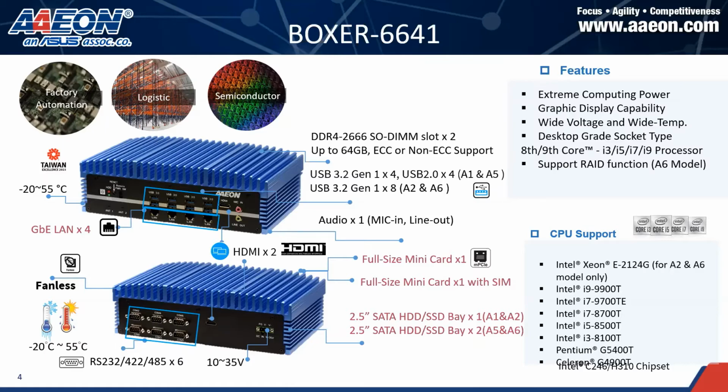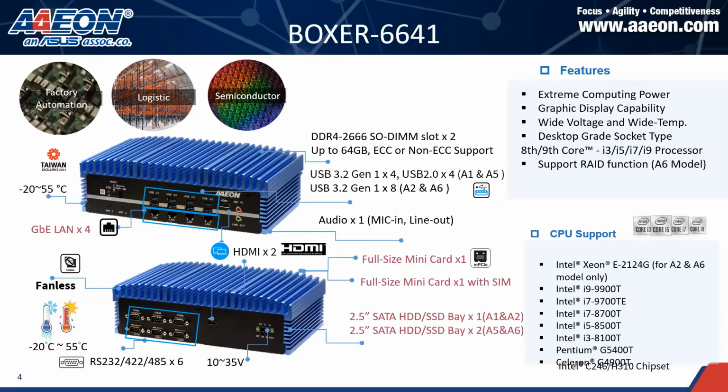This Boxer 6641 also provides really good expandability. You can have a full-size mini card, and you can also use 4G with a full-size mini card with SIM card slots. It comes with 2 HDMIs, 6 COM ports, and two of the models have USB 3.2 Gen 1 A ports.